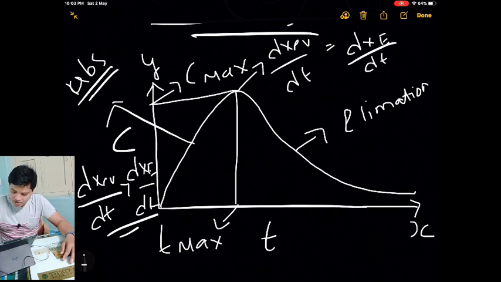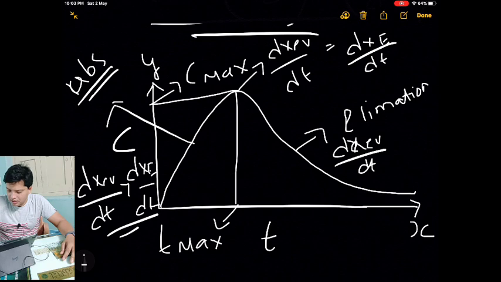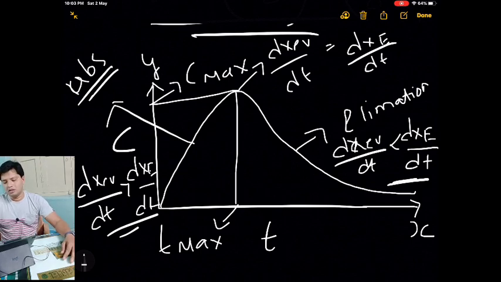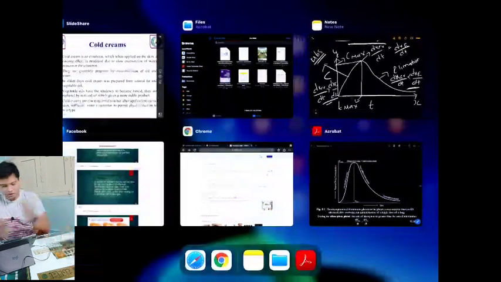At the elimination phase, rate of absorption is less than rate of elimination, because in the elimination phase, elimination will be more compared to the absorption phase. This is how the graph looks.